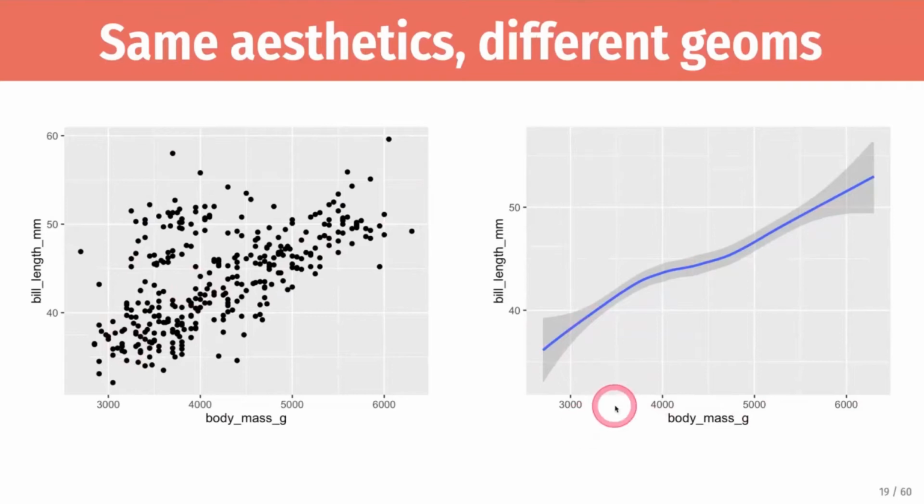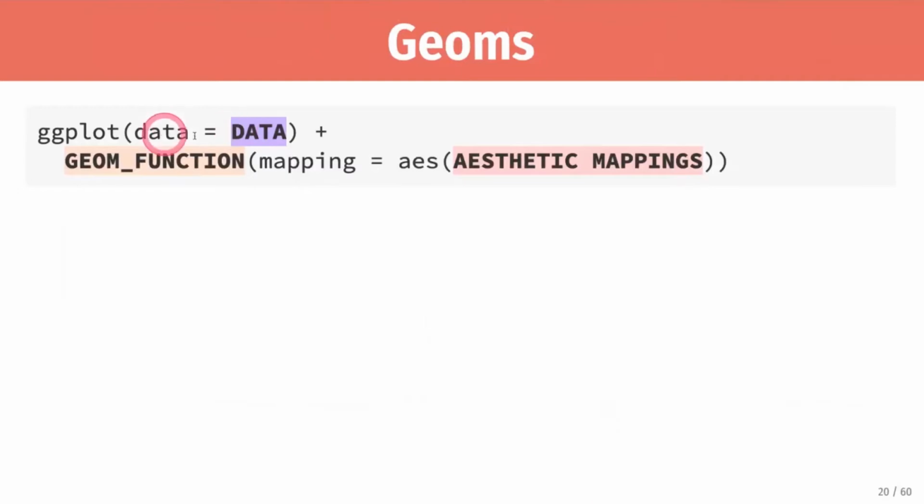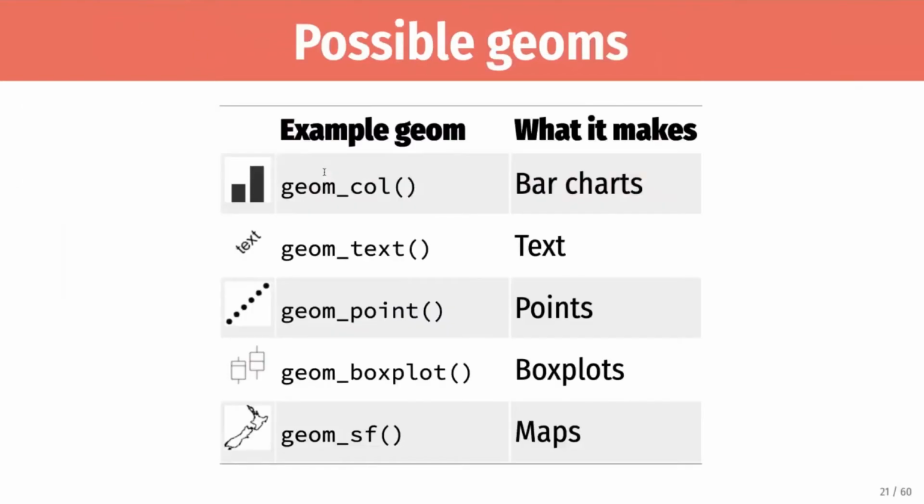So if you remember this template that we've been talking about, we have the data set, we have the mappings. This geom function then is how we represent the different mappings. There are a ton of different geoms. There are dozens of these things, and people can create their own, and you can install R packages that have people's custom geoms that they make.